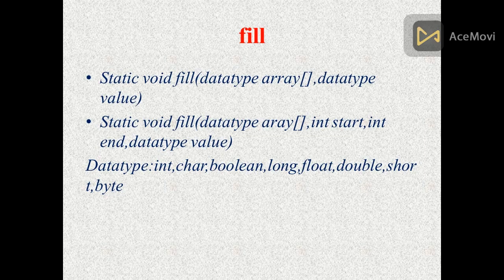If we have a set of 10 numbers and want to replace the elements with 2 from the 5th to the 10th place, we give the start as 5 and the end as 10. The start number should be smaller than the end number. This method can be used with integer, character, boolean, long, float, double, short and byte.